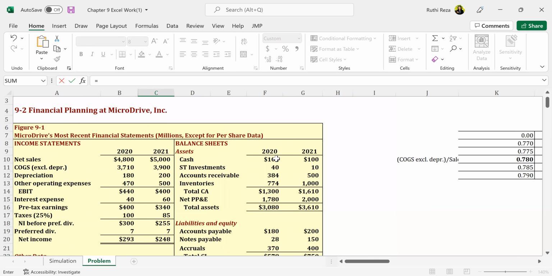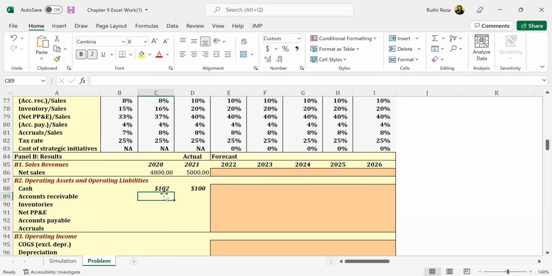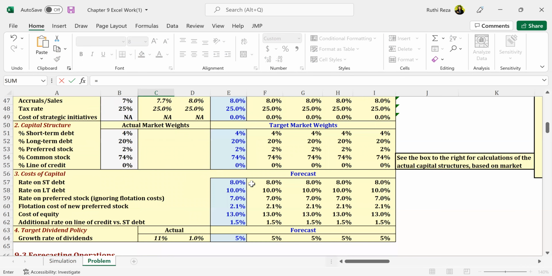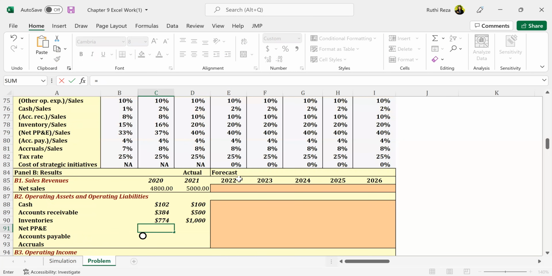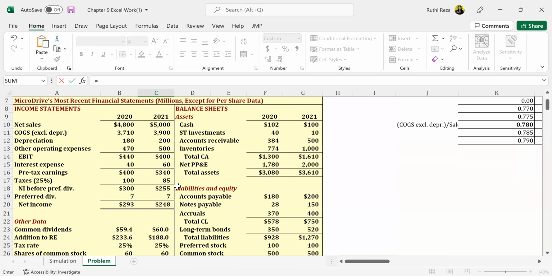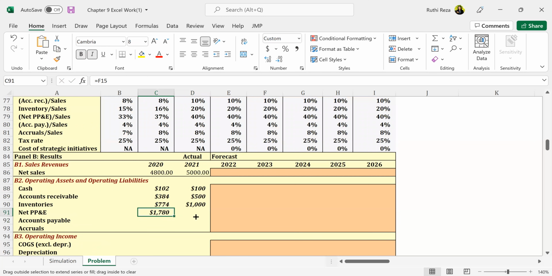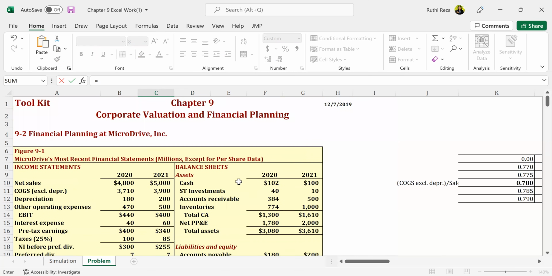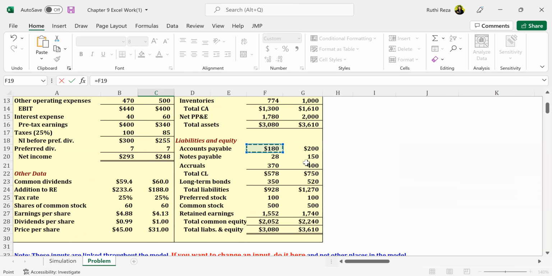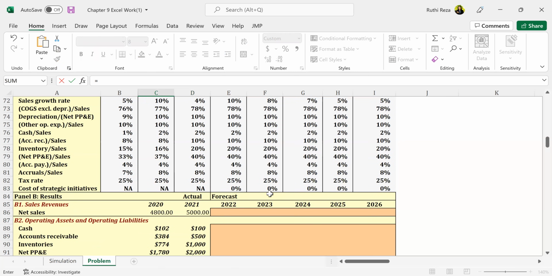So cash, accounts receivables, then inventories, then net PPE, accounts payables, accruals.